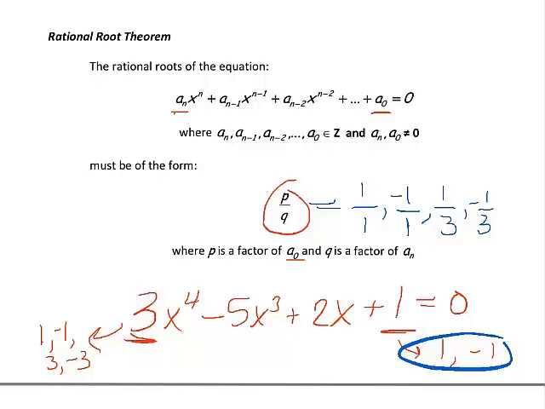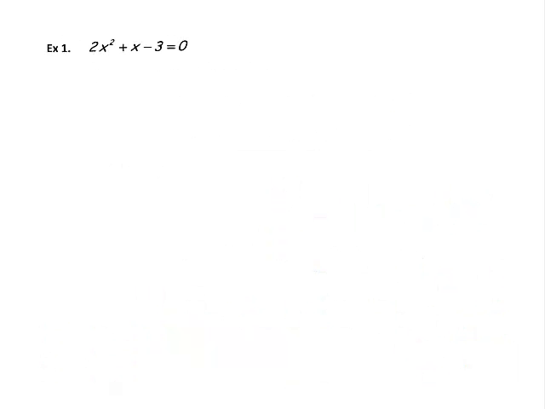Let's do an actual example. Here's a quadratic. Now notice, if I was going to find the roots of a quadratic, I could try factoring it, I could try graphing it, or I could use the quadratic formula. I'm just going to quickly factor this. This is, let's see, 2x and x, and this would be a 3 and a 1. I think this is 2x plus 3 and x minus 1.